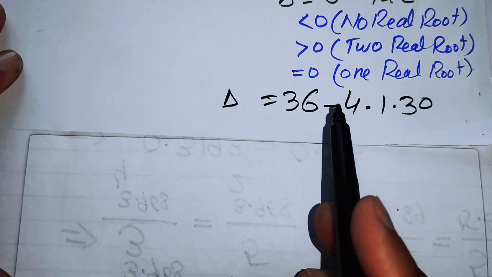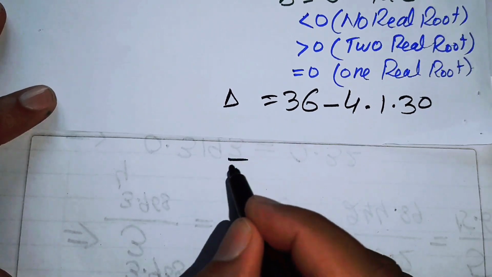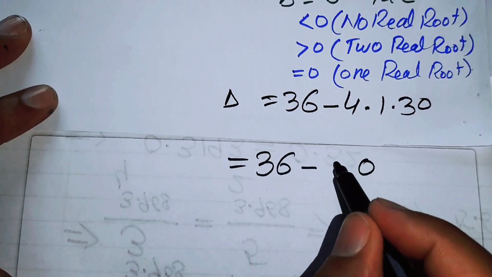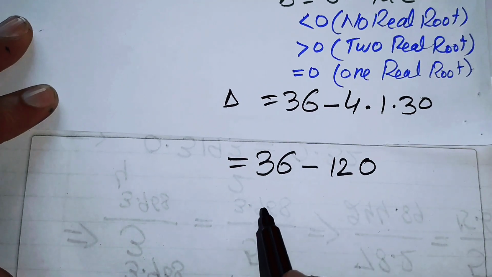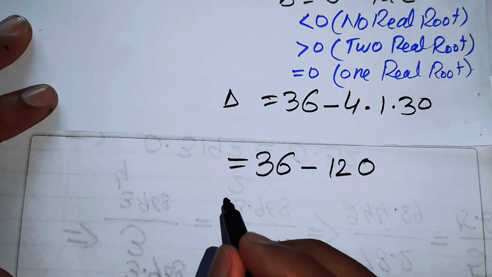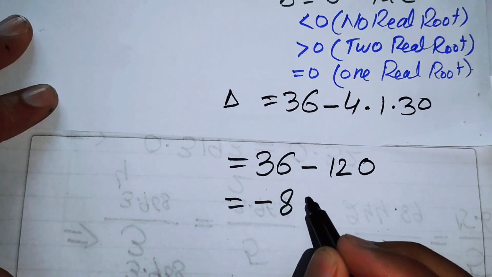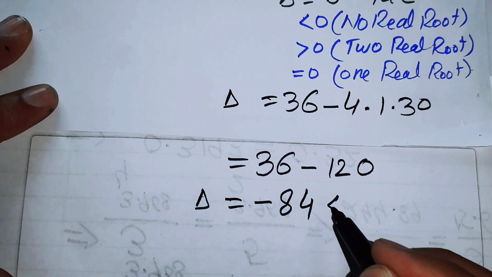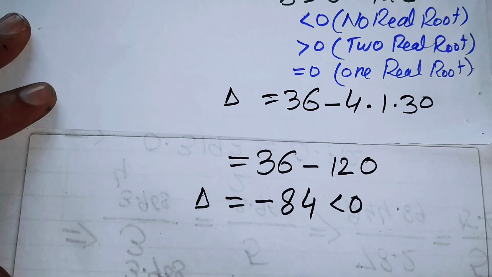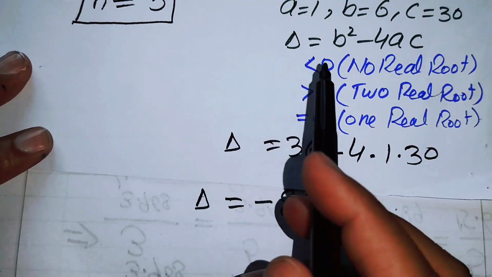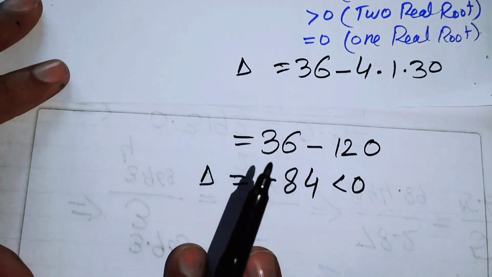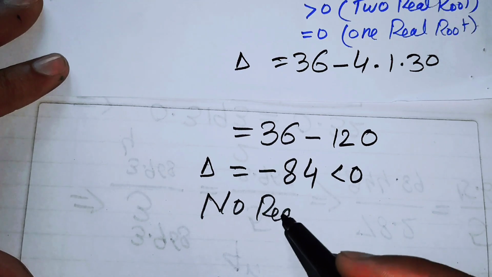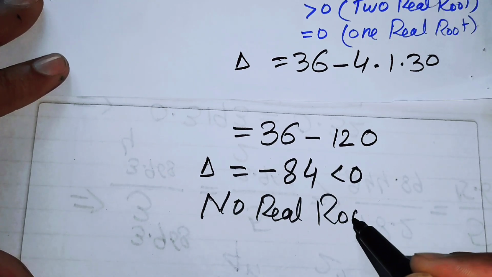Now we simplify these terms and you get 36 minus 4 times 30 is equal to 120, and 36 minus 120 is equal to minus 84. Here you see that our delta is less than 0. If our delta is less than 0, then it has no real root, so I can just write that this equation has no real roots.